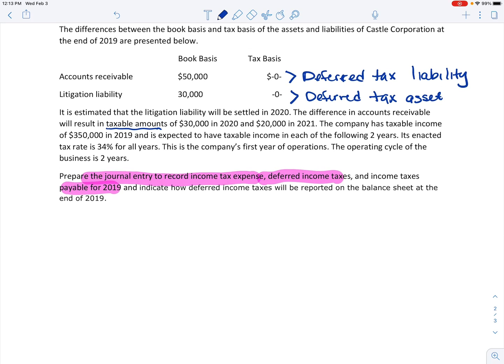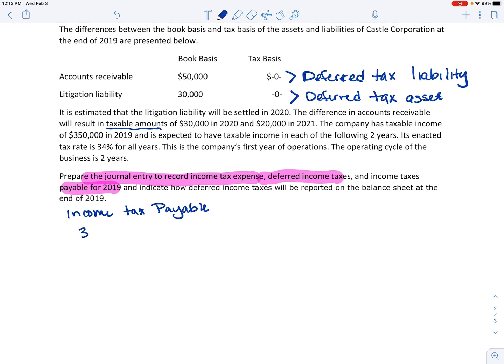So how do we calculate that? What does it look like in a journal entry? And then finally, how is it presented? So, first thing we have to do is we can calculate our income tax payable. That's an easy place to start.